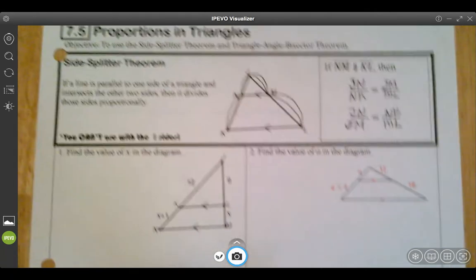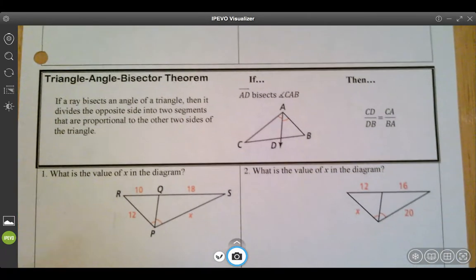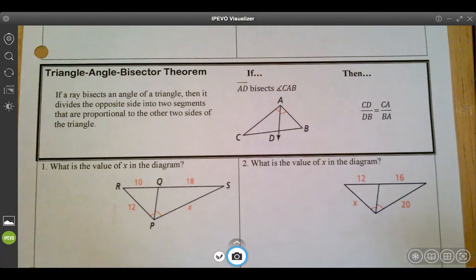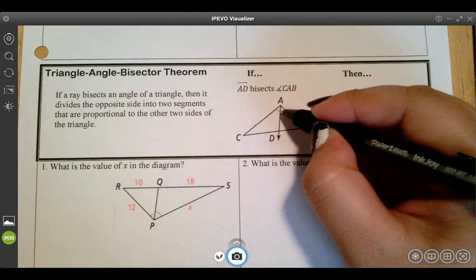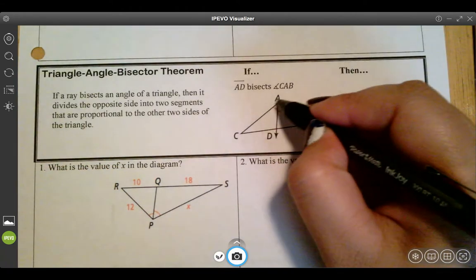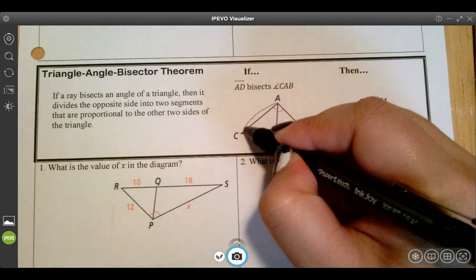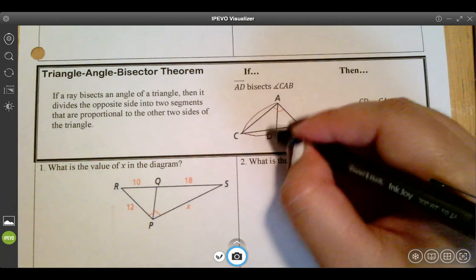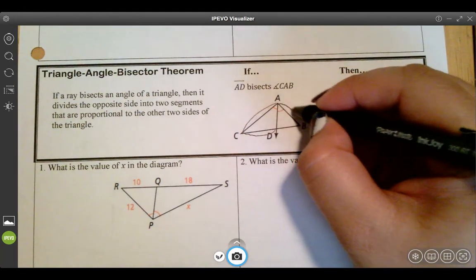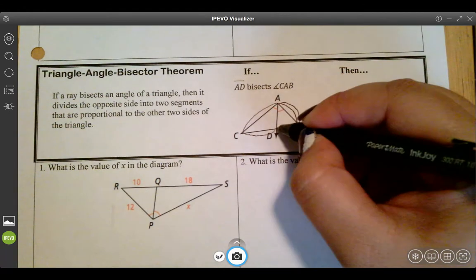And then, again, skipping the examples for now, the triangle bisector theorem: if a ray bisects an angle, so we have this angle, any angle of the triangle is bisected, what we end up with is our proportion being the sides on either side of the ray are proportional to the sides on the other side of the ray.